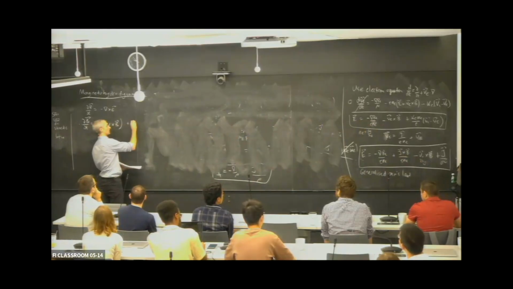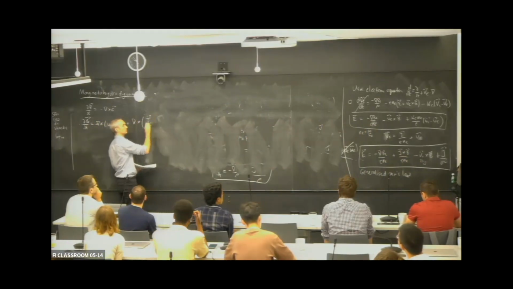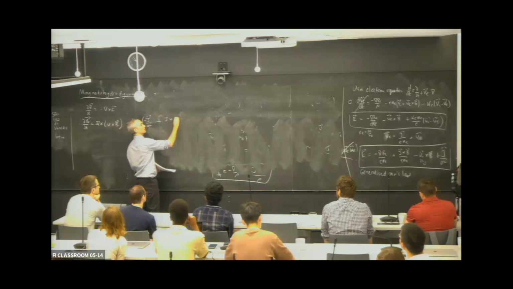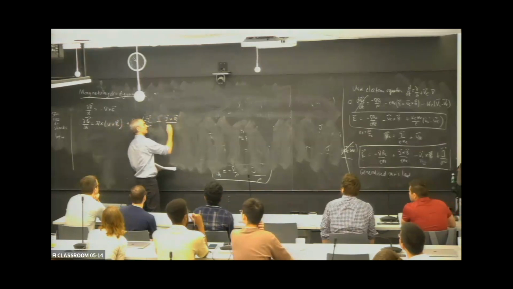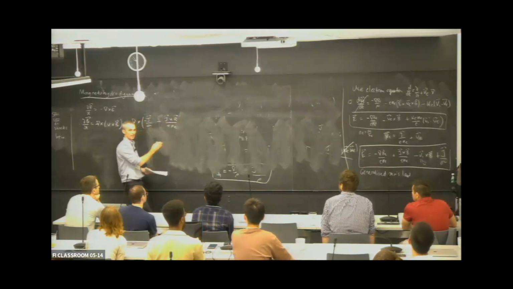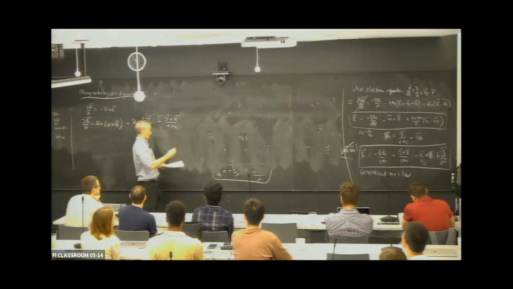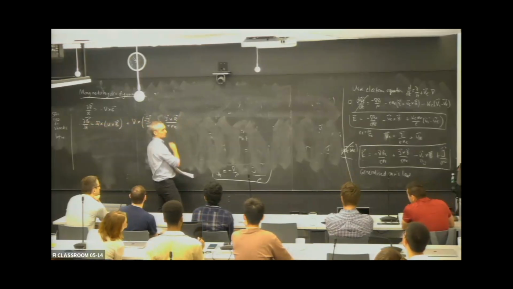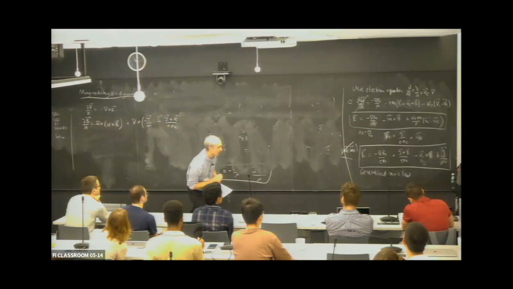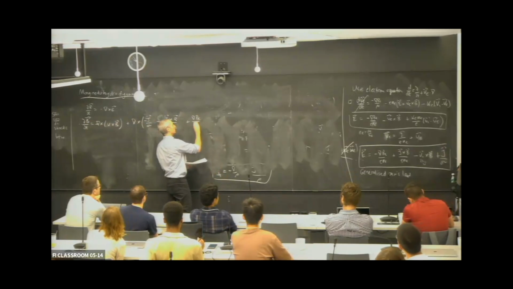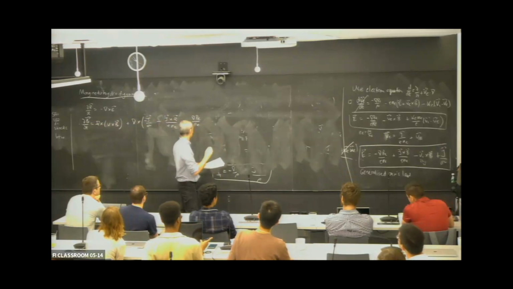I'll do a plus the curl of J over sigma, minus J cross B over e n_e. What's this term? It's something to do with the drift between electrons and ions. And I've only got one term left, which is plus grad P_e over e n_e.